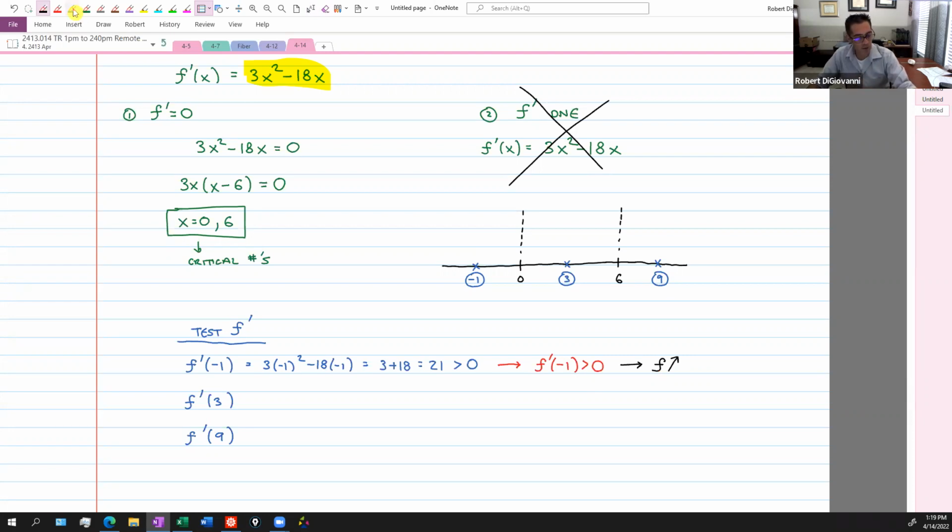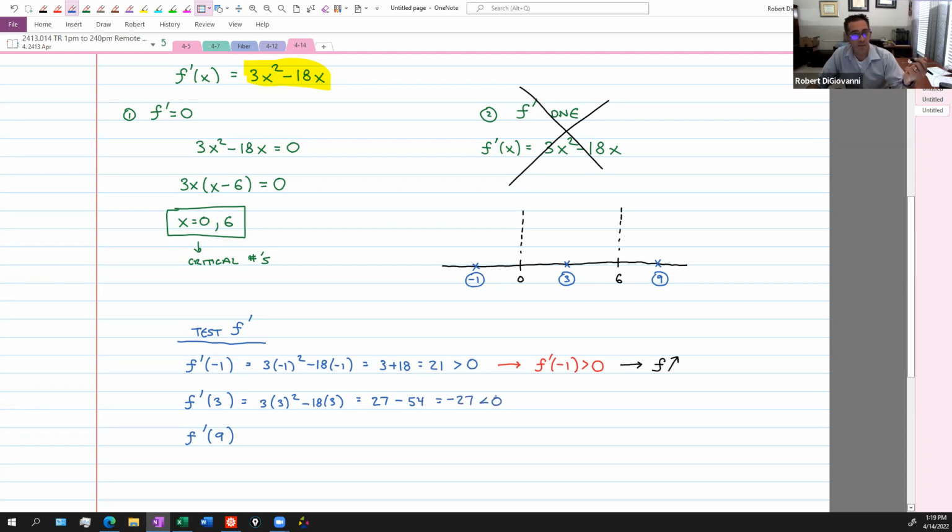Okay, let's do the next one. What if we plug in 3? We get 3 times 3 squared minus 18 times 3. This is going to be 9 times 3, which is 27, and then minus 54. So we get -27, I believe. But that's less than 0.